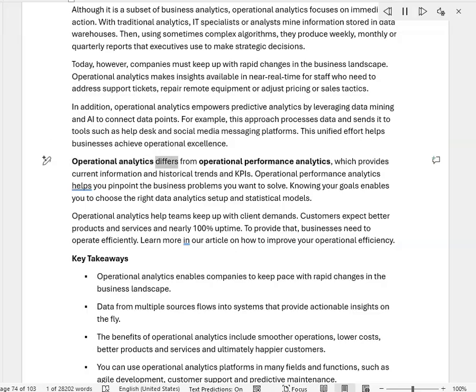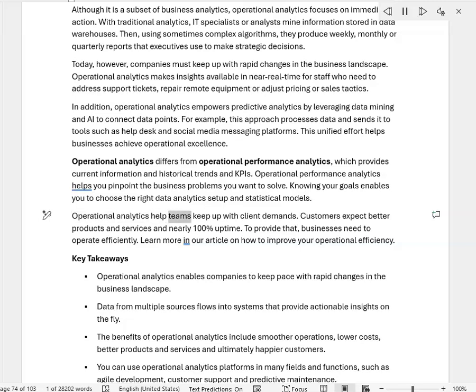Operational analytics differs from operational performance analytics, which provides current information and historical trends and KPIs. Operational performance analytics helps you pinpoint the business problems you want to solve. Knowing your goals enables you to choose the right data analytics setup and statistical models.